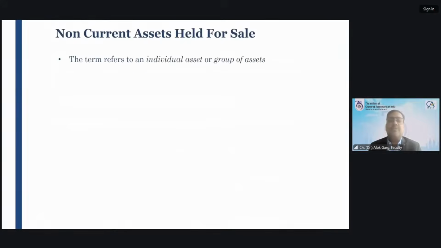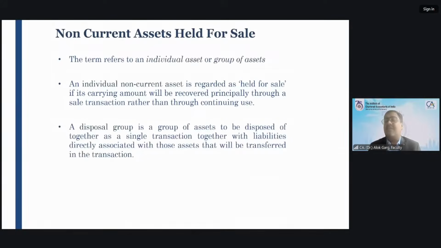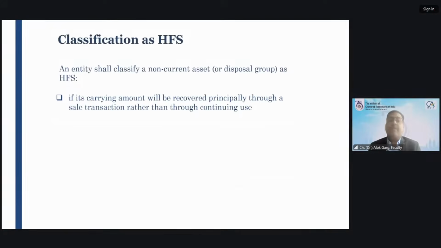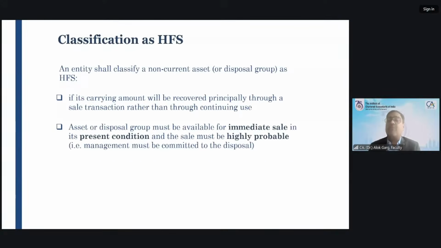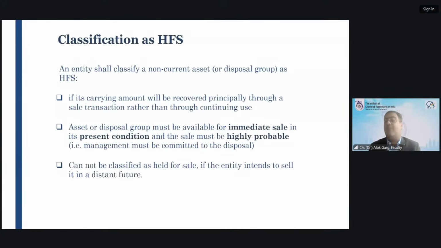And friends, we also saw that this non-current asset held for sale could be an individual asset or a group of assets. And an individual asset or a group of assets will be classified as held for sale when two conditions are satisfied: the asset or disposal group must be available for immediate sale in present condition, and the sale must be highly probable.